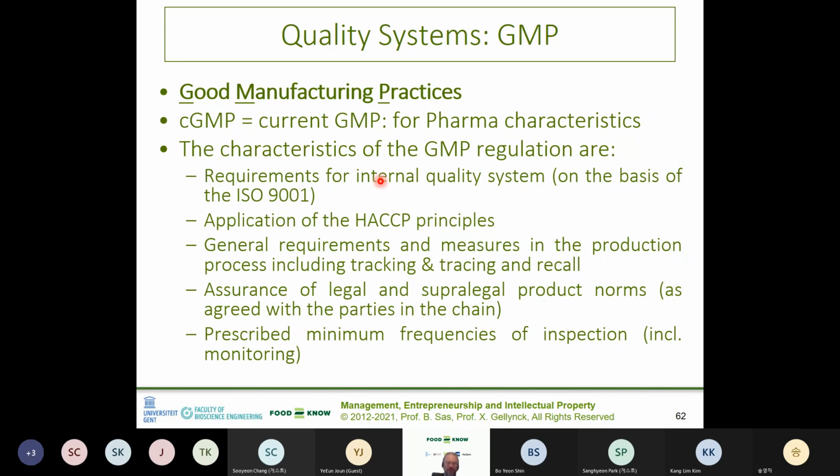It also applies HACCP principles. It also has systems in place for tracking and tracing, and if there is a problem, what your policies for recall are, so that you can inform all your customers and then roll out a recall program.